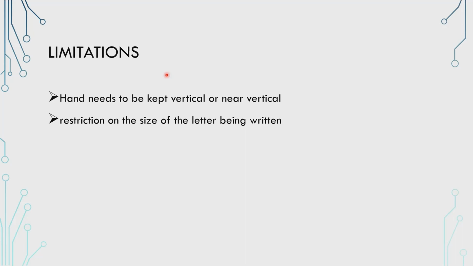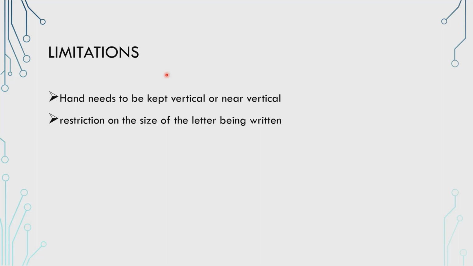Some limitations of the system were observed. The hands need to be kept vertical or near vertical at all times whilst writing, and some users did express discomfort when using the system for long periods of time, especially when sitting. Another limitation was a restriction on the size of the letters being written.